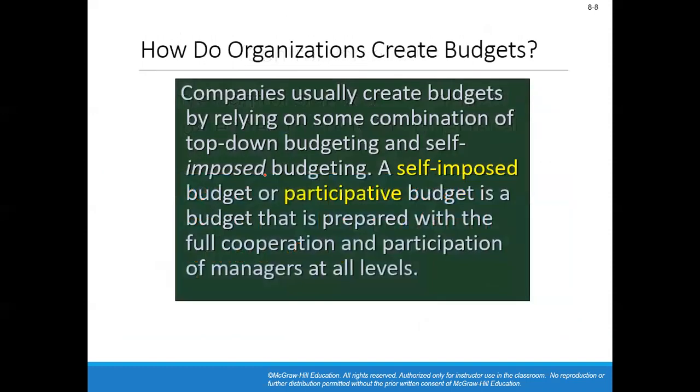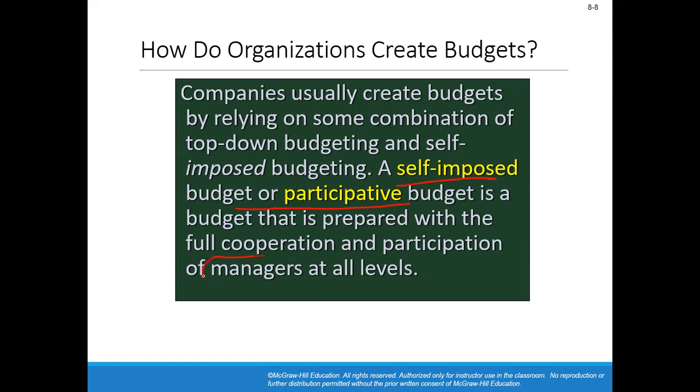Okay, so companies usually create budgets in some ways, but we would like to highlight two ways in which a company or organization prepares a budget. One way of preparing a budget is the self-imposed budget or participative budget. So what is this?